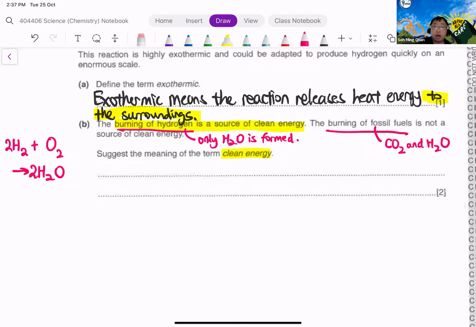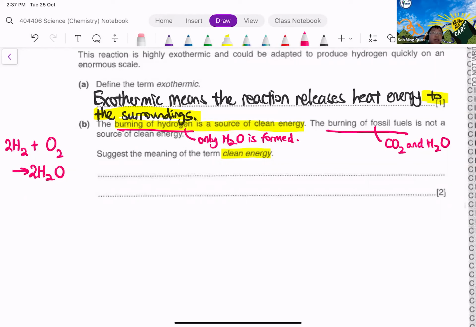So now you look at it. Hydrogen burns, gives you only water, whereas fossil fuels will give you CO2. Then you think, so what's so different? The difference is that fossil fuels give you CO2. Is CO2 good for the environment? No, right? So you have learned carbon dioxide is responsible for the greenhouse effect. It causes climate change and so on and so on.